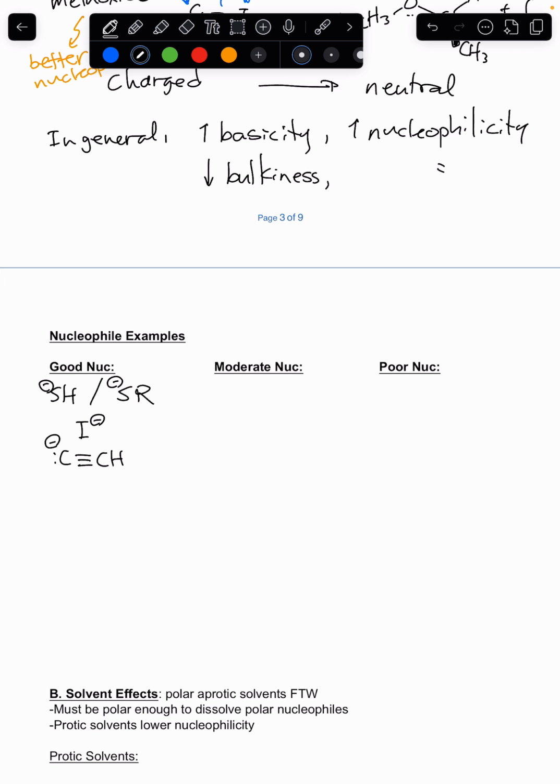These are particularly good because the molecular shape here is sp linear, so it has a torpedo type of shape, which makes it not bulky, so it's very good. Alkynide is the IUPAC name for this, and similarly cyanide, with a similar structure, is a pretty good nucleophile.